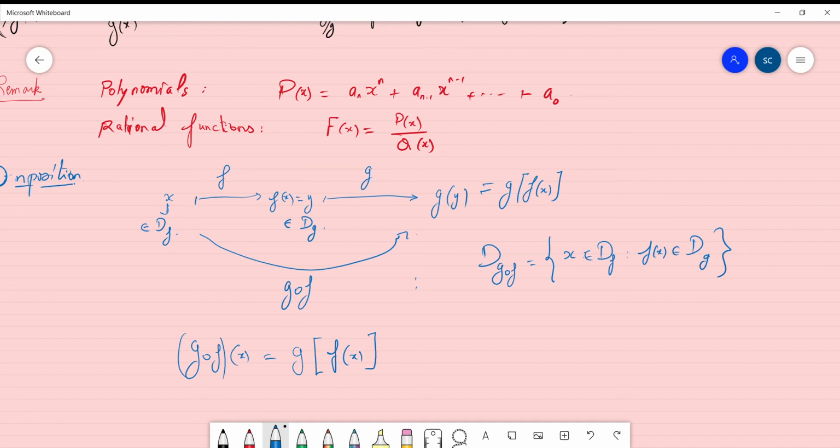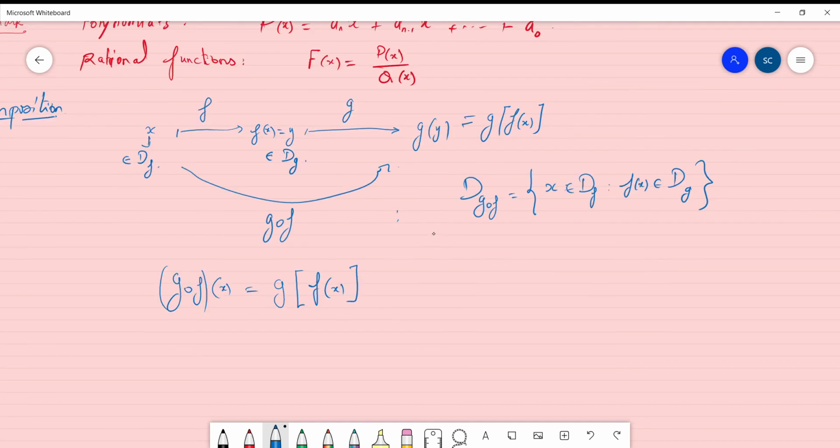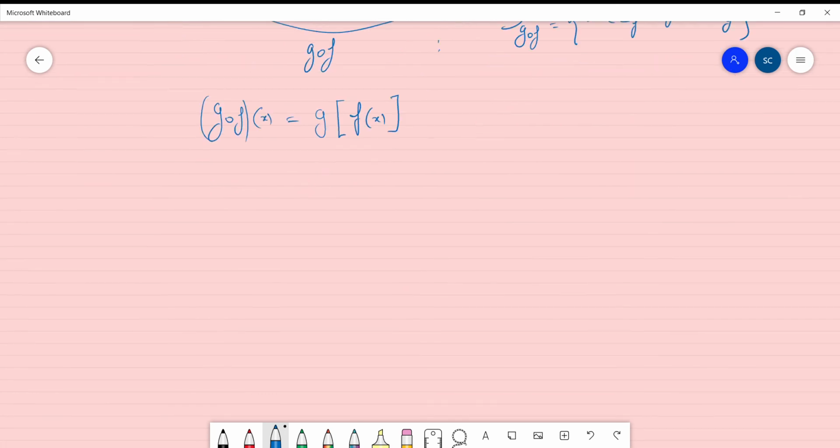For example, a simple example, just to illustrate this. Suppose that we have f of x equal square root of x and g of x equal x plus 1, two functions. We want to form f of g and g of f. So g of f first.